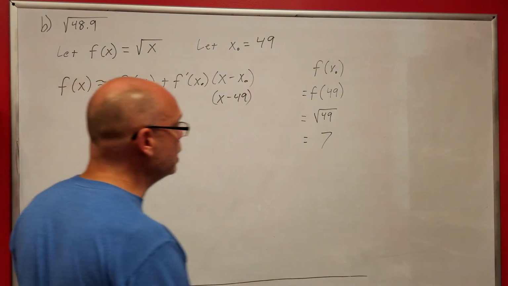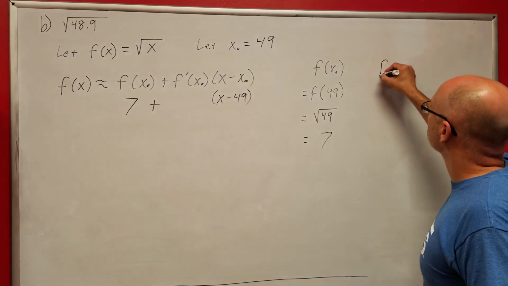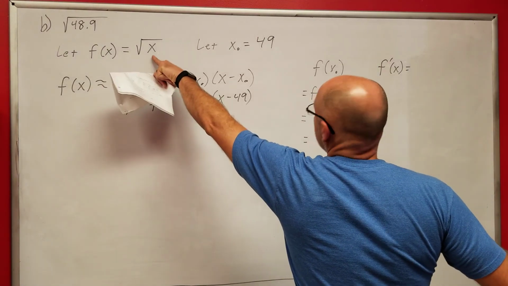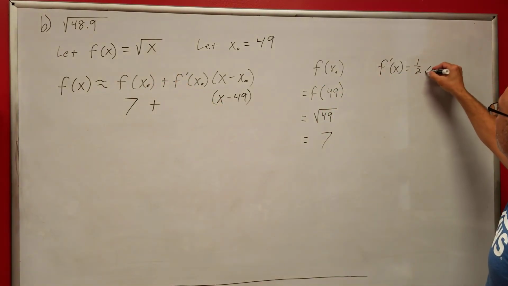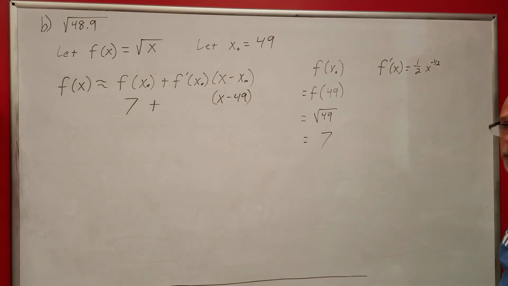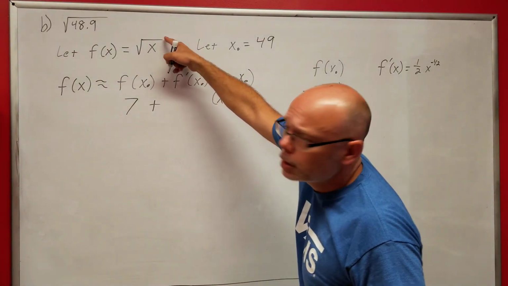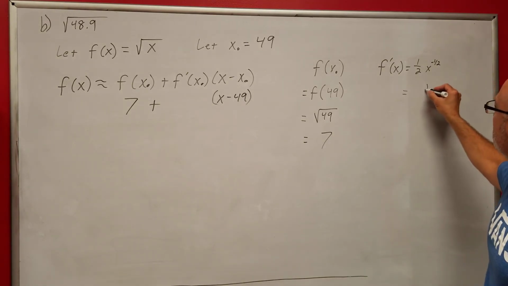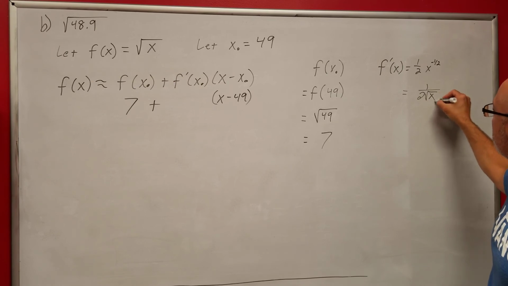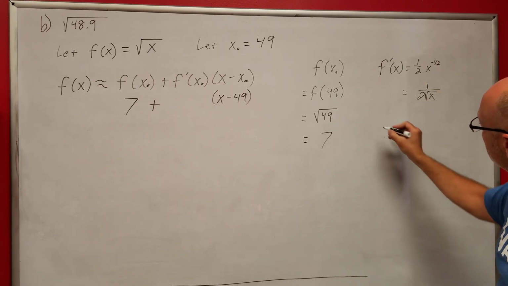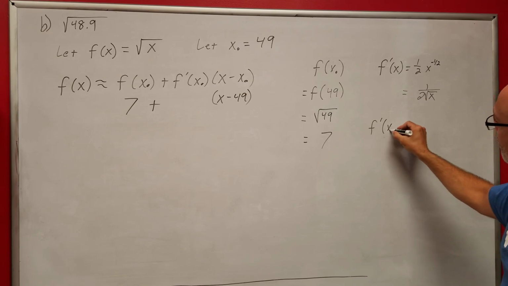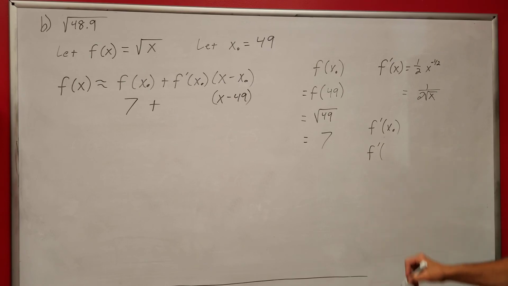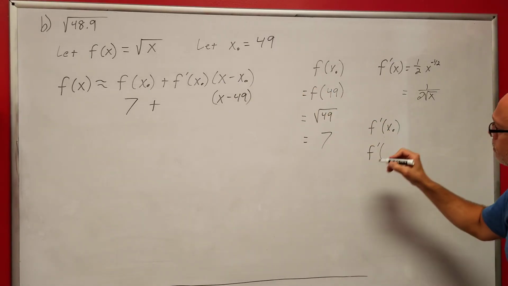Let's find f prime at x naught. So what's f prime of x? If f of x is this, let's take the derivative. Wouldn't that be 1/2 x to the negative 1/2? If you don't see that, just rewrite this as an exponent of 1/2 and do the math there. Alright, so that's 1 over 2 times the square root of x. But if I want f prime at x naught, what I want is f prime of 49.